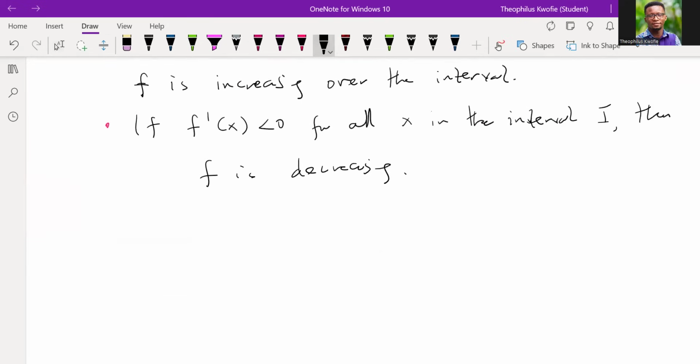So I want us to also look at what we call the critical value. We'll be using it a lot, so we would want to know how to find critical values of functions.